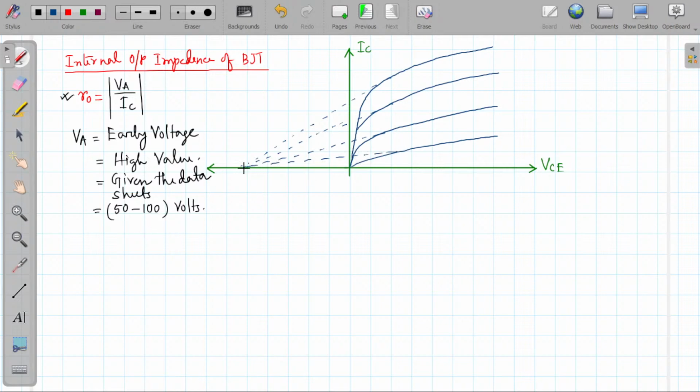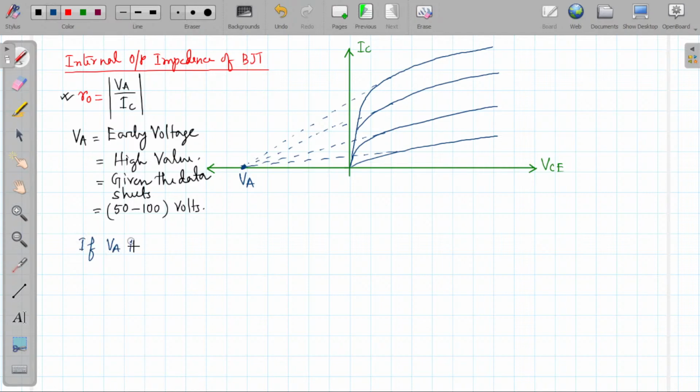And this point gives the value of VA. This is the process by which we can find the early voltage of any transistor from the output characteristics.